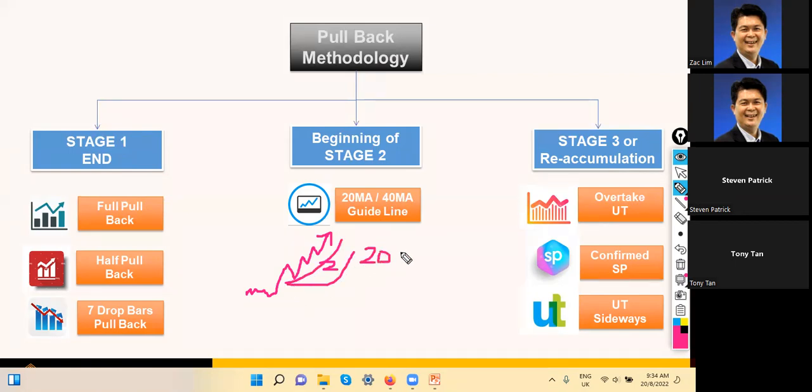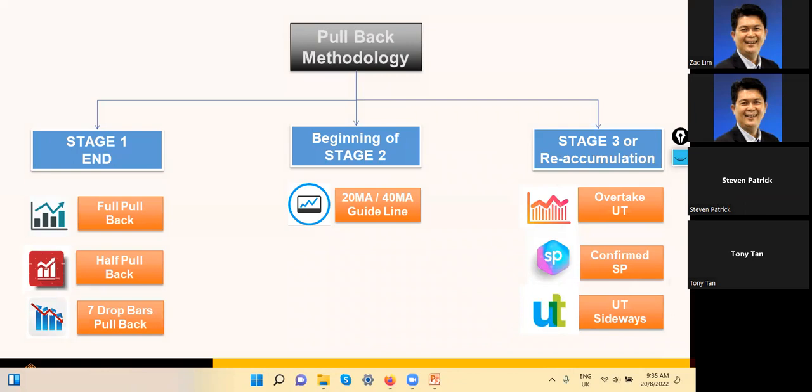Okay, 20 moving average line, and sorry, this is 20, and this below is 40. Okay, that's why when you come to a beginning of stage 2, that means the stage 2 already started moving that time, so you need to change your strategy, become 20 moving average guideline.